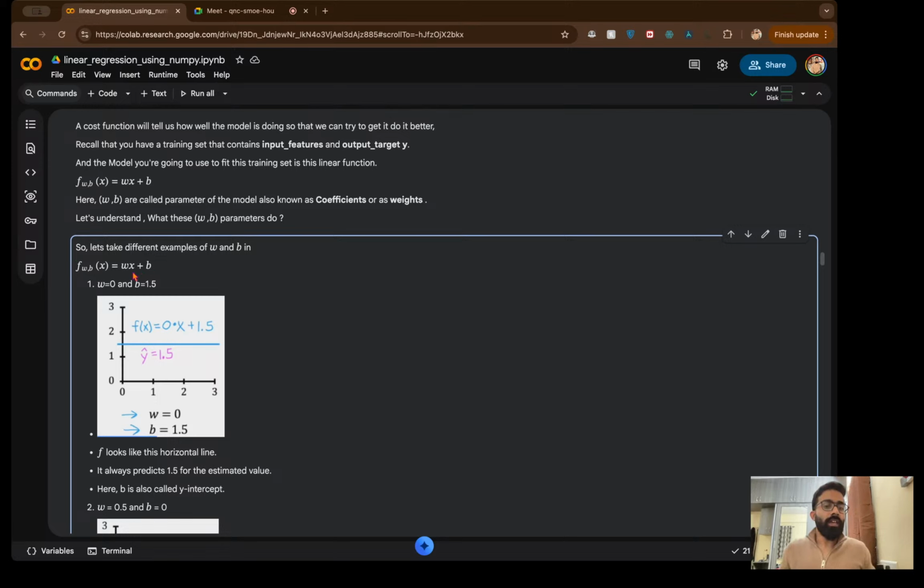Correct? Why? Because there is only one input feature x. But in the real case scenario, there will be multiple input features. For every input feature, there will be a different w value. Correct?